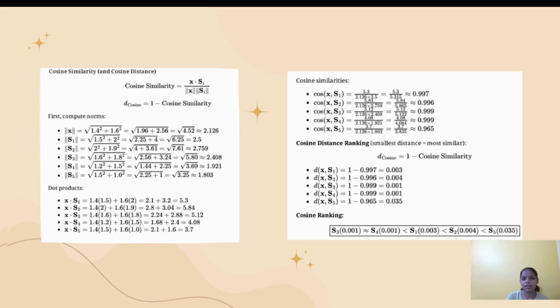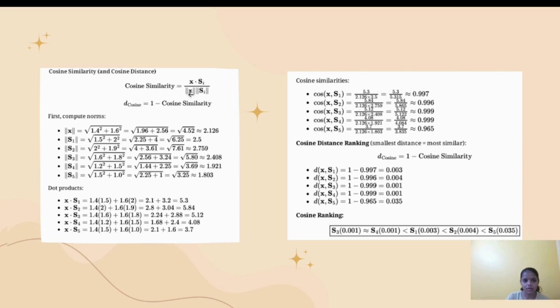Now calculating the cosine similarity. So to calculate the cosine similarity, as this is our formula, we will substitute the values as we had calculated. Now we have to substitute these values into the formula. For example, we will see S1. Our x dot si for S1 is 5.3. We substituted 5.3.